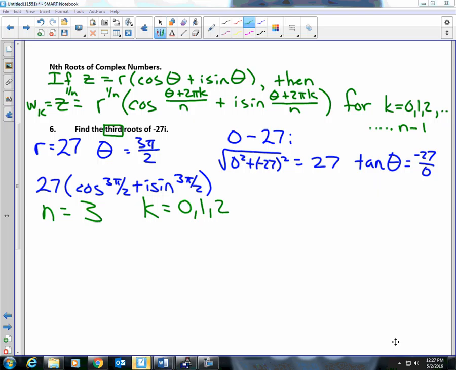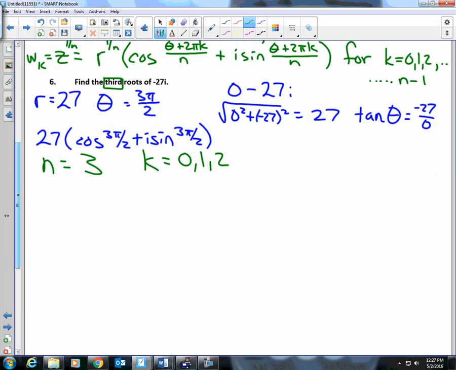It says w sub k. W will be our root. So the w sub 0 root, and then we'll do the w sub 1 root, and the w sub 2 root. Okay? Is equal to, and now I just go straight to my formula.